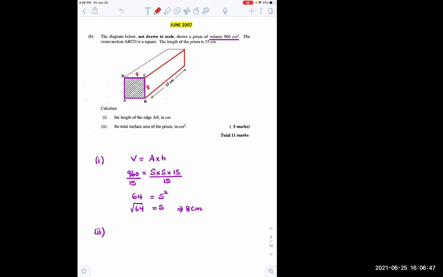Yes, miss. So work out the area of the square, and work out the area of the rectangle. For the total surface area, it will be 2 times the area of the square plus 4 times the area of the rectangle, because we have 4 rectangular faces and 2 faces that are squares.